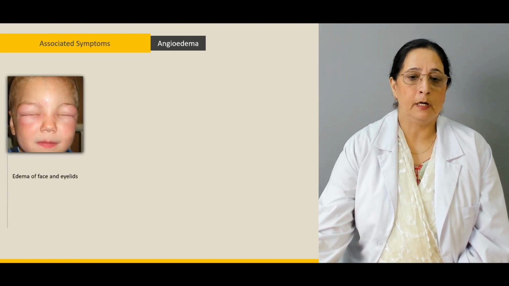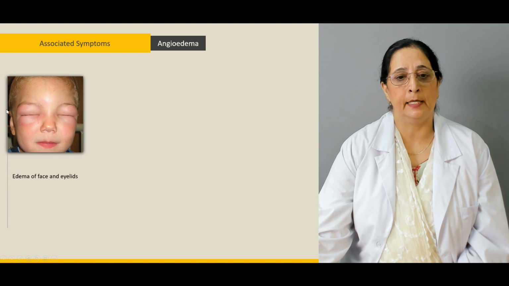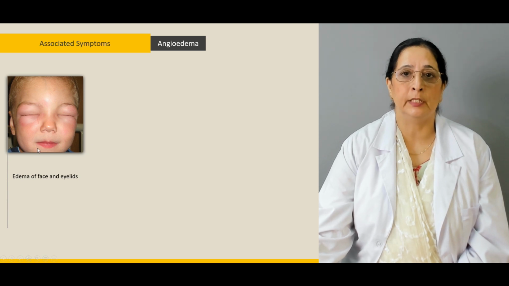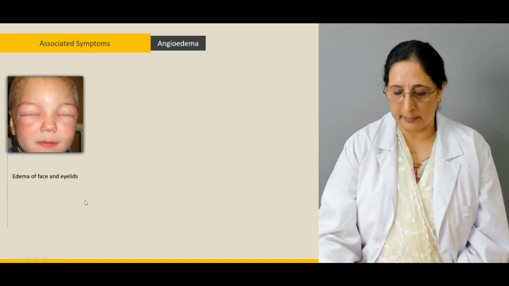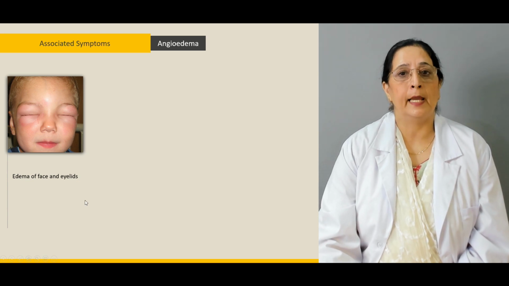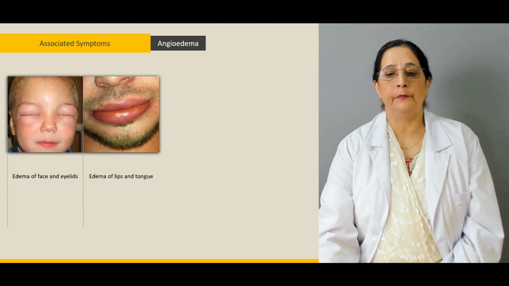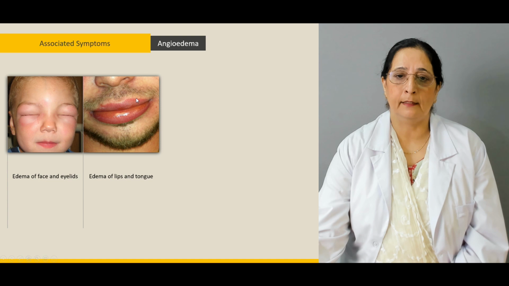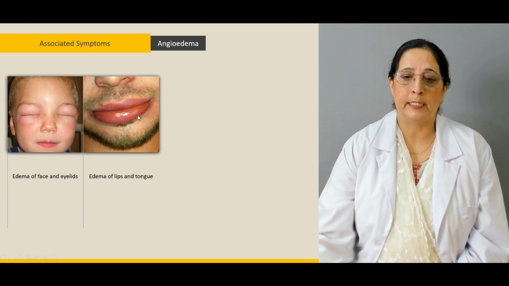There is edema of the face and eyelids as a result of angioedema. You can see a very clear picture of edema of the face and eyelids. Then we have edema of the lips and tongue here, again very characteristic of angioedema.